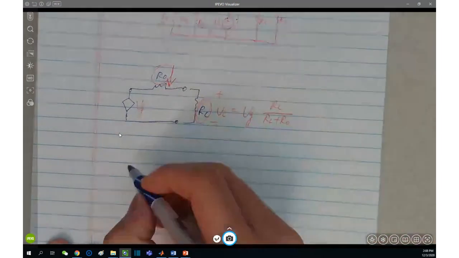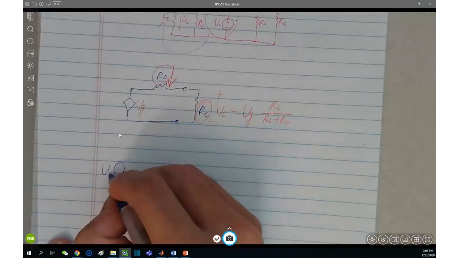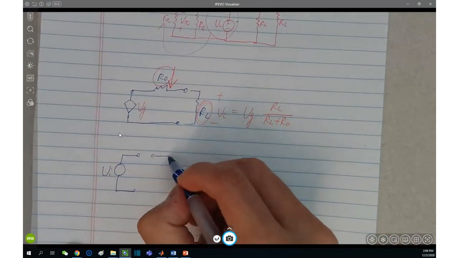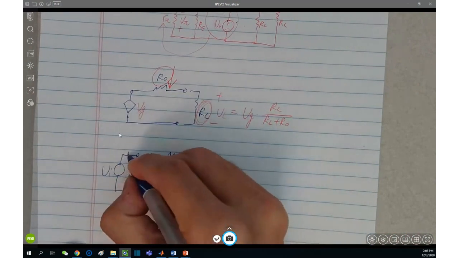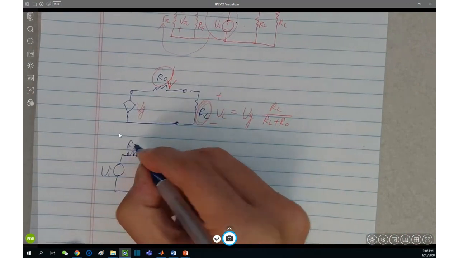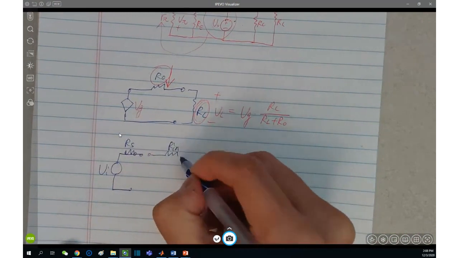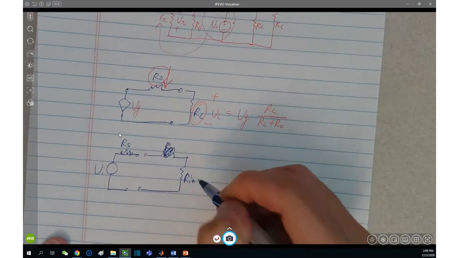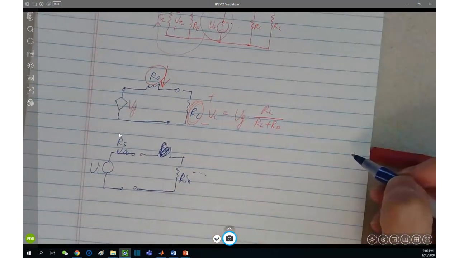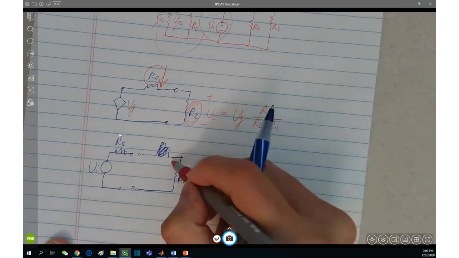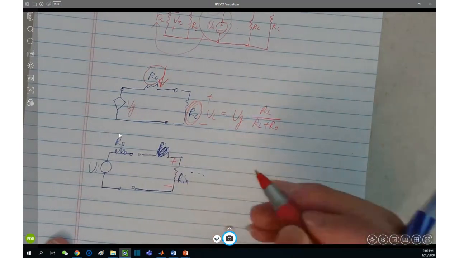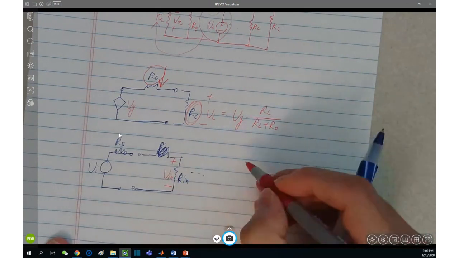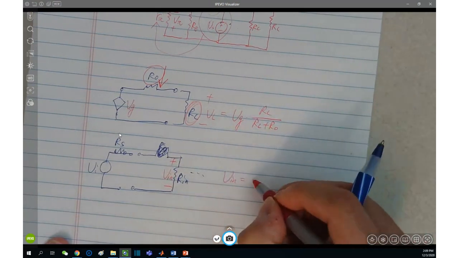The input means what? You have a source, right? And the source has RS. Then you have the amplifier, you have RE. So you want your amplifier to occupy most of the voltage, V in just equals V source.